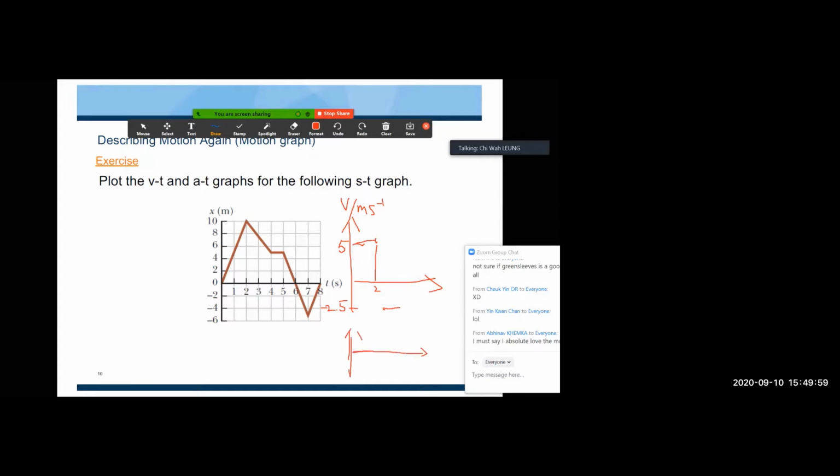At the first 2 seconds, I use another color, it may be 0. And then over the next 2 seconds, it is also 0. But then right in between, you have a very sharp change. So what happens here? There is a very great acceleration if you are considering over a short period of time.